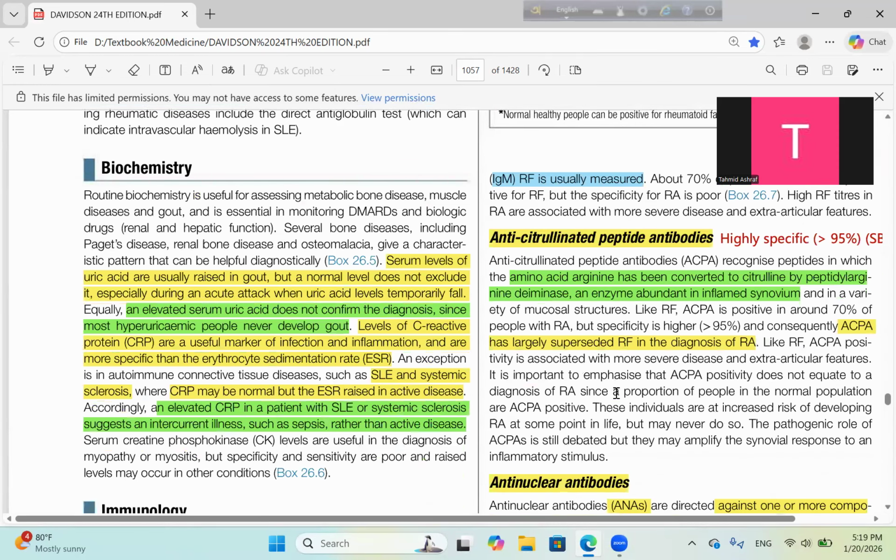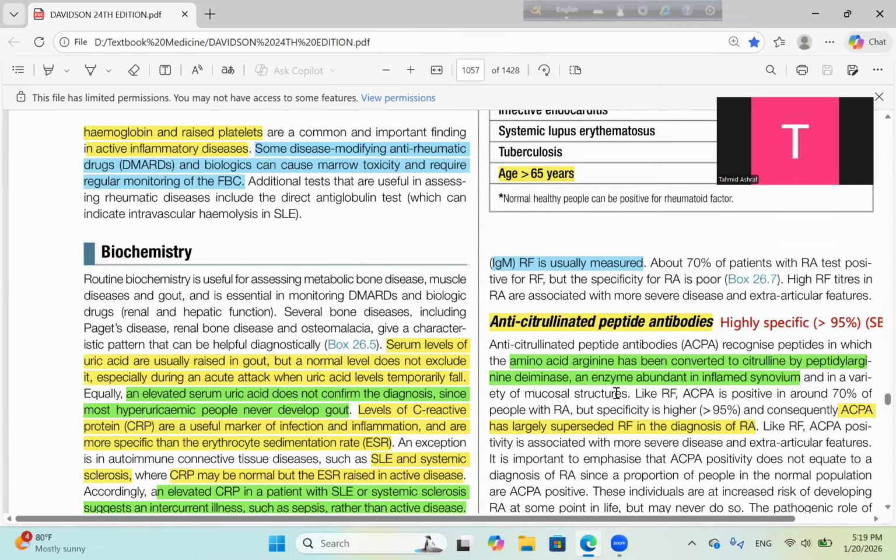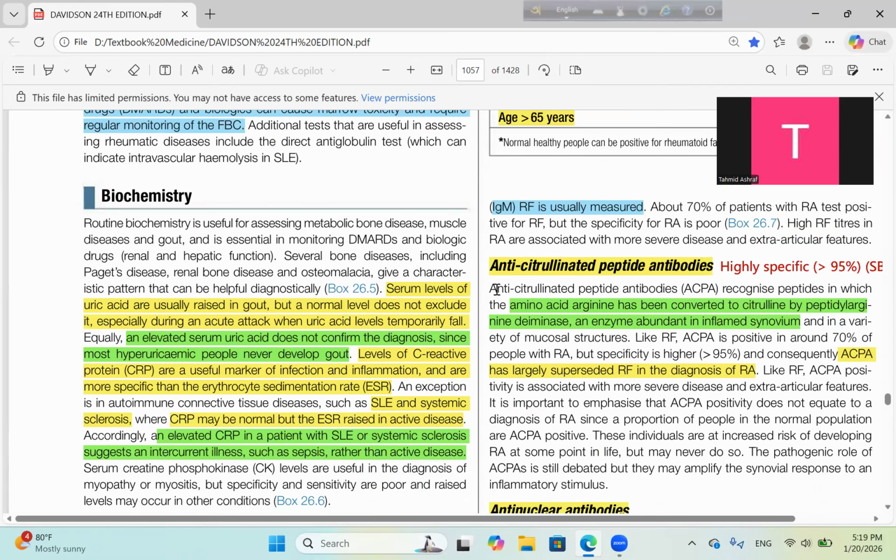Another antibody usually seen in rheumatoid arthritis patients is anti-citrullinated peptide antibody. First, remember that this is an antibody. In abbreviated form it is called ACPA, or in some countries we advise it as anti-CCP.